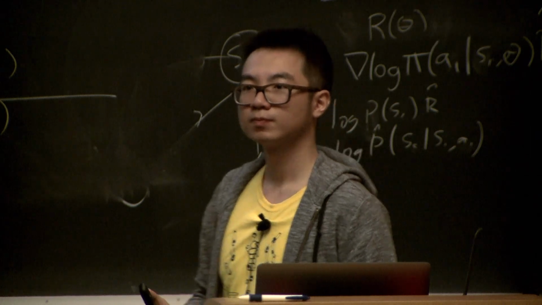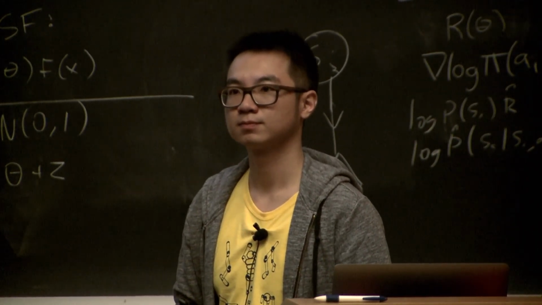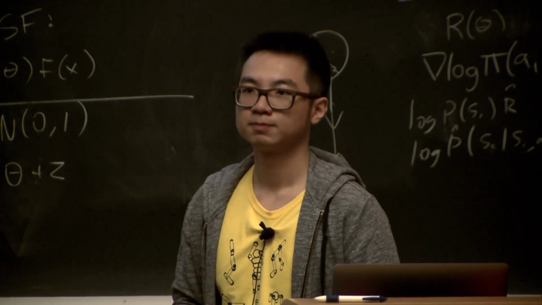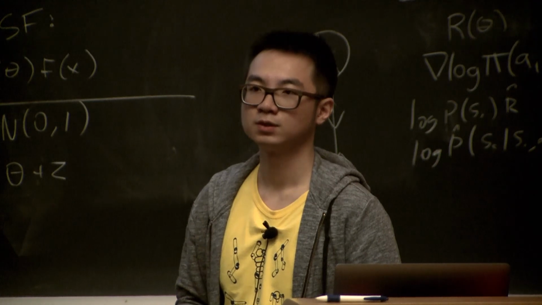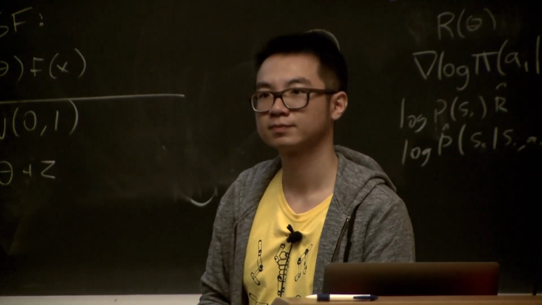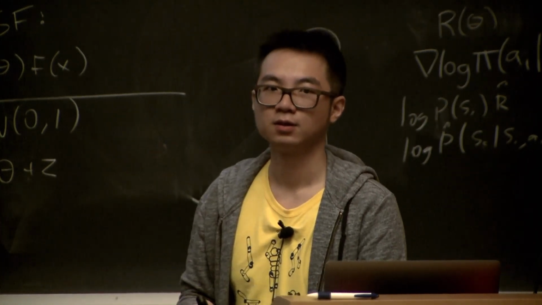Yes? It seems that with this random search, there's a very high probability of getting stuck in a local minimum, and that's why you need so many workers. Have you tried something like simulated annealing, where there's less probability of getting stuck? Right.